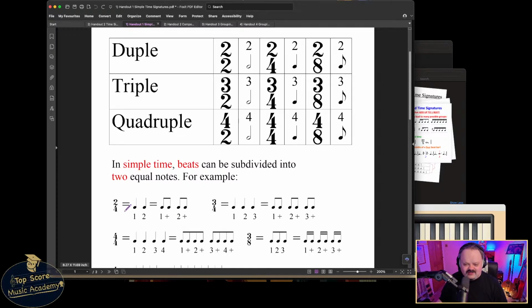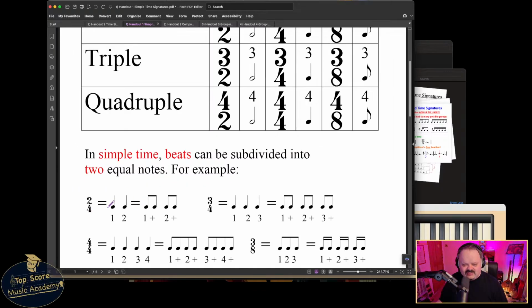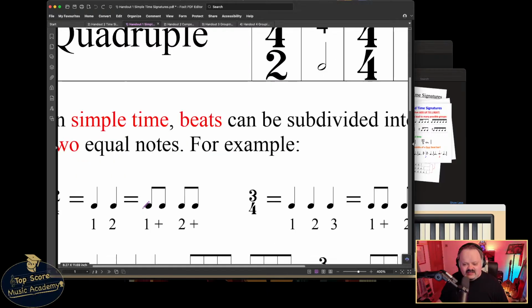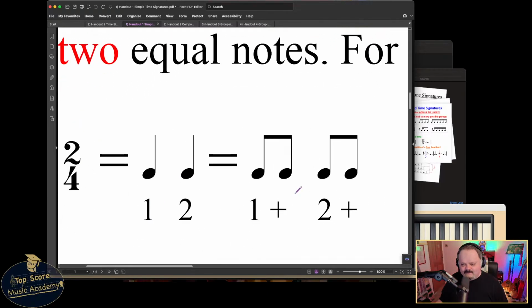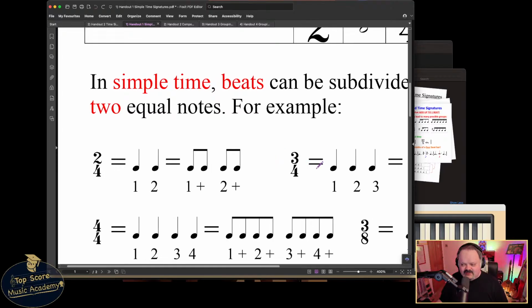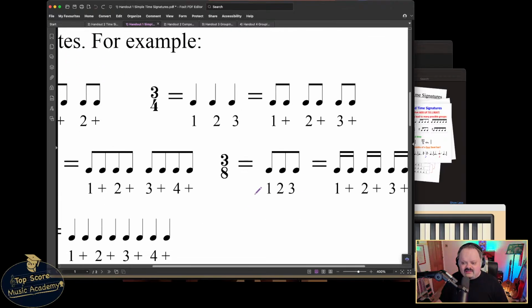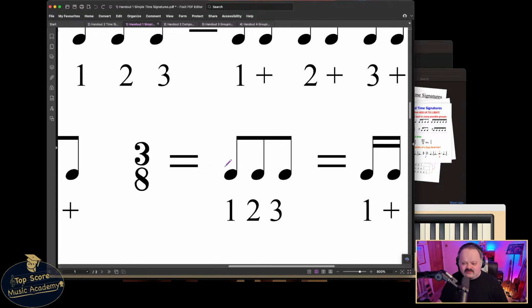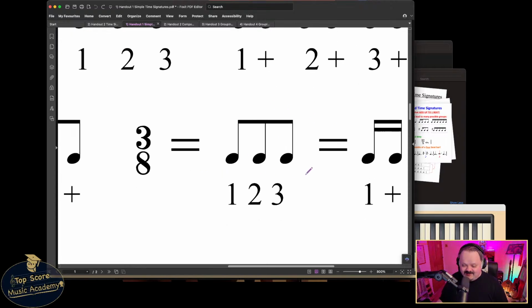So 2/4, for example, yes, it's equal to 2 crotchets in the bar, but you could split each crotchet into 2 quavers, or you could split each quarter note into 2 eighth notes. Okay, so that's what makes it simple. Same logic applies for 3/4, or even 3/8. That's a simple time signature, although for some students that looks more like compound time.